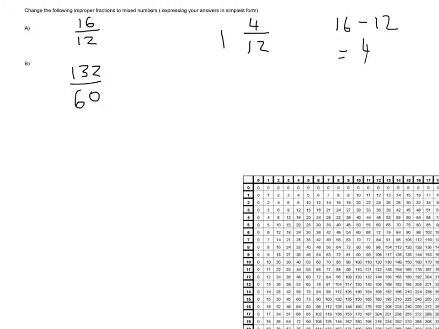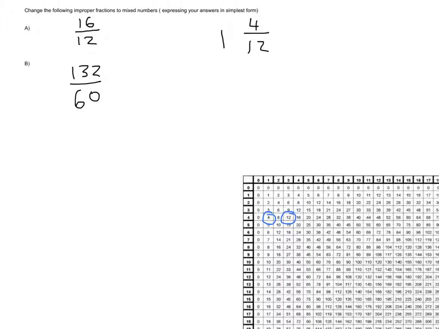So, in order to find that one number that goes into both numbers equally, remember we said that we have to look at the times table and we have to find the numerator and the denominator in the same row or the same column. So in this case, we've satisfied that rule. We can see that we have the numerator here and we have the denominator here.